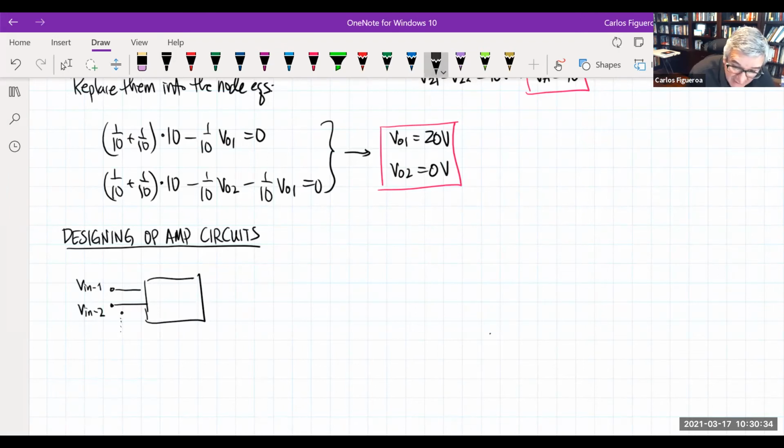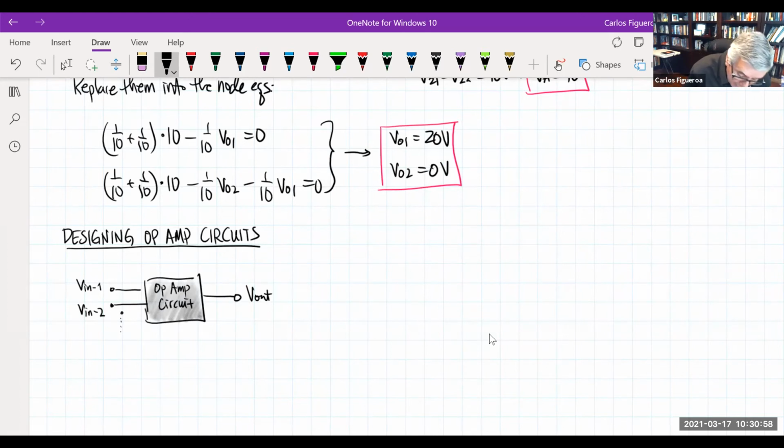And then this here is really your op-amp circuit. And the only thing you care about is some particular output.